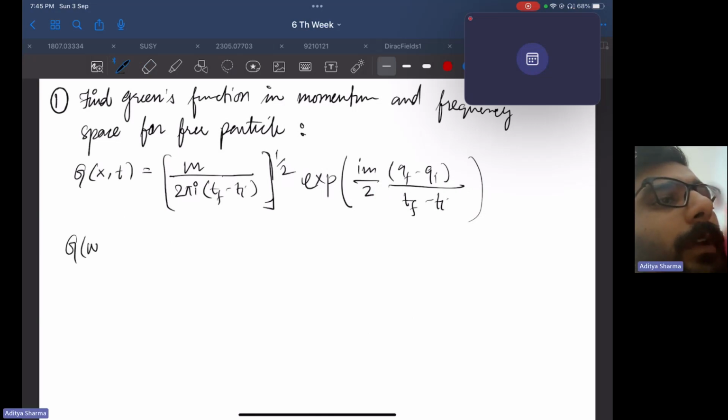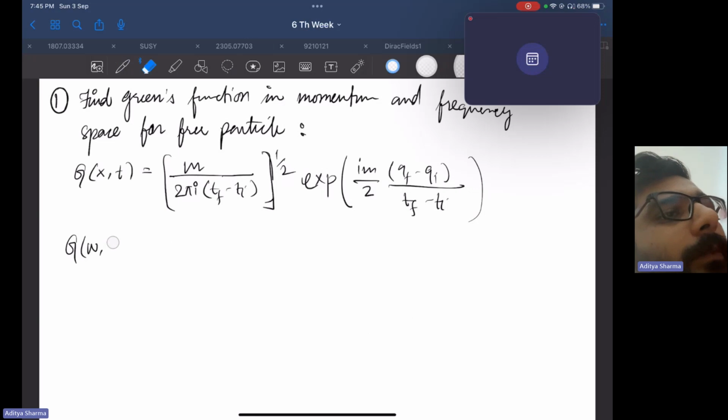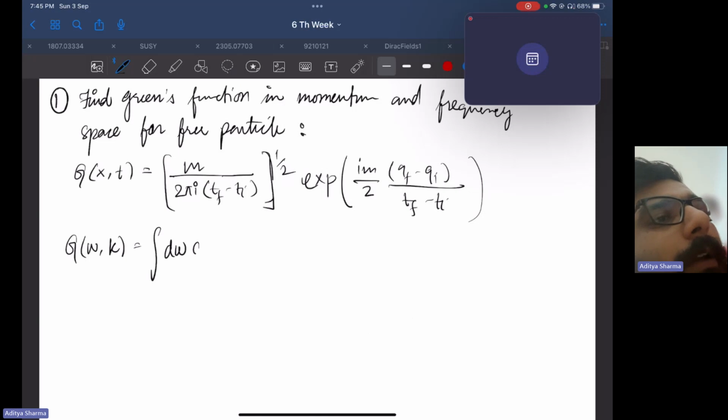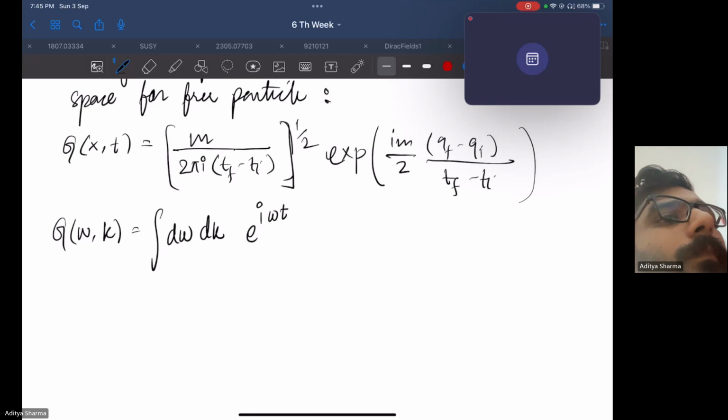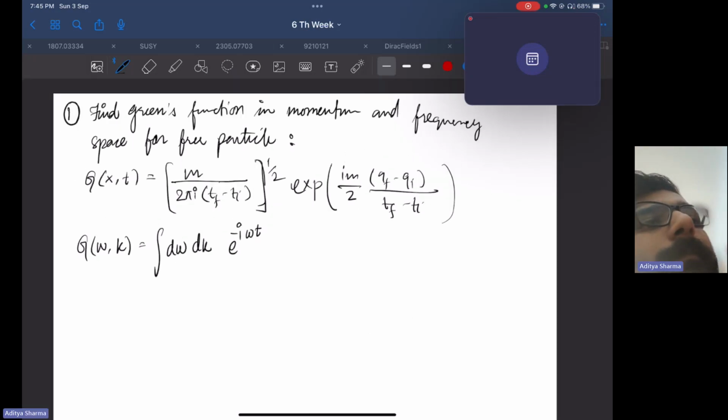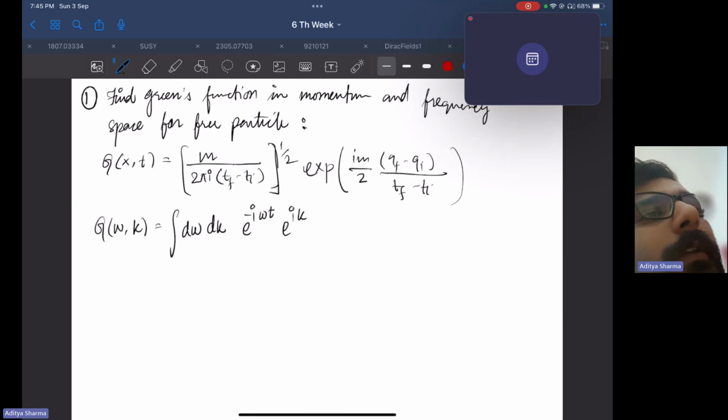Now you want to find G of omega, k, so you're going to have to integrate over omega and dk, and it's just the Fourier inverse. So I'm going to put e to the power i omega t and e to the power minus i k x. Sorry, this goes the other way around.